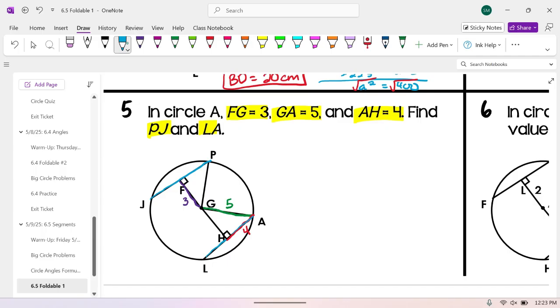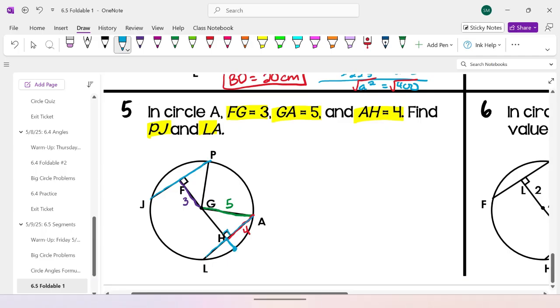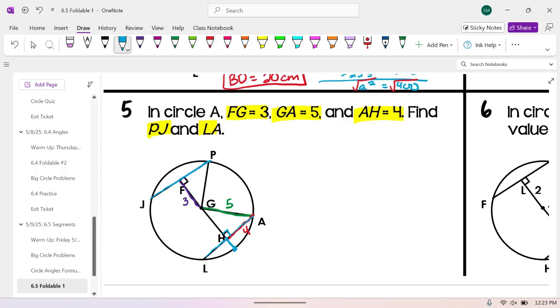Now, we could continue GX here and make the radius, which, since it intersects at a perpendicular angle, yes, we could double it. All right. And the reason we know that is because PG and AG are both radii. So PG and GA are radii.